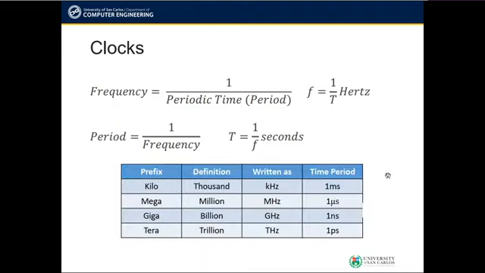The Hertz unit of frequency can be attached with a prefix like kilo, mega, giga, or tera to signify 1,000, a million, a billion, or a trillion, respectively.